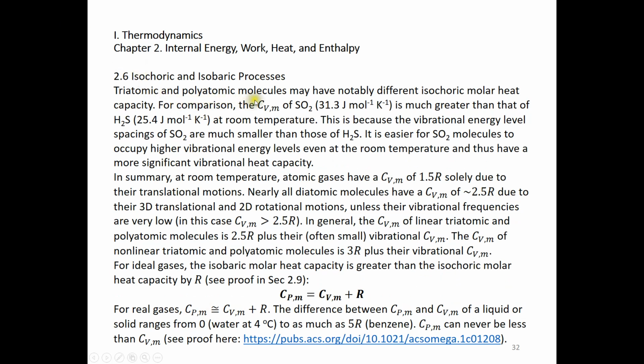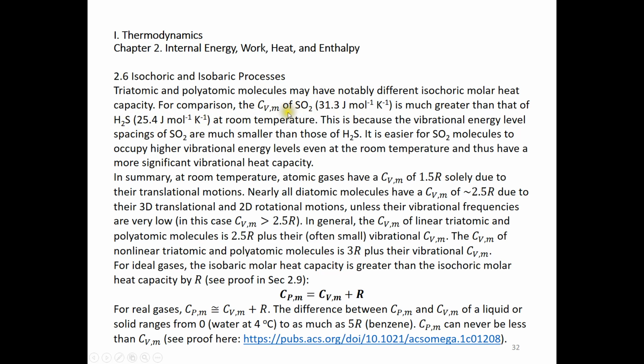Triatomic and polyatomic molecules sometimes have notably different isochoric molar heat capacity. Another example, SO2, sulfur dioxide. Its literature value is 31.3 joules per mole Kelvin. It's much greater than 25.4 for hydrogen sulfide. Both are triatomic. They both are nonlinear.